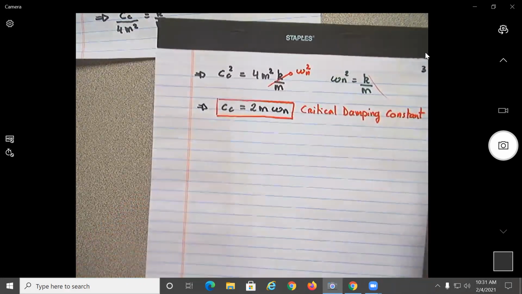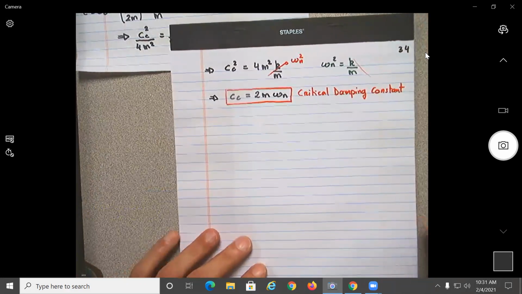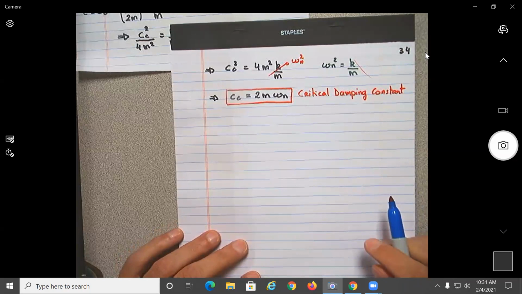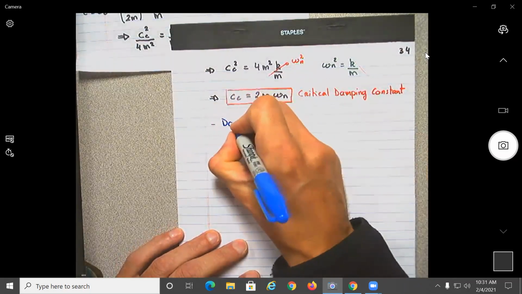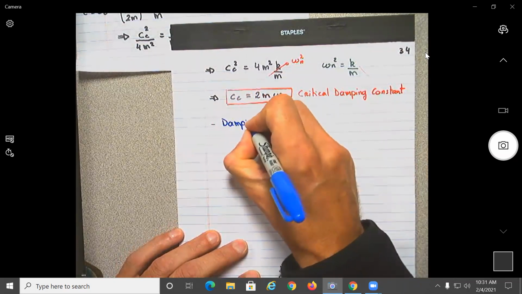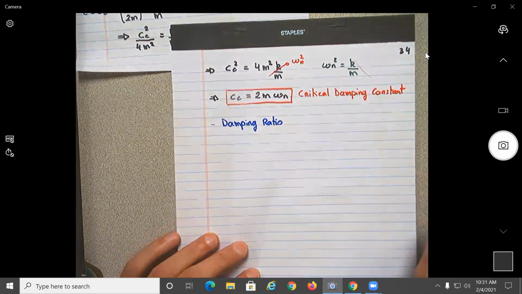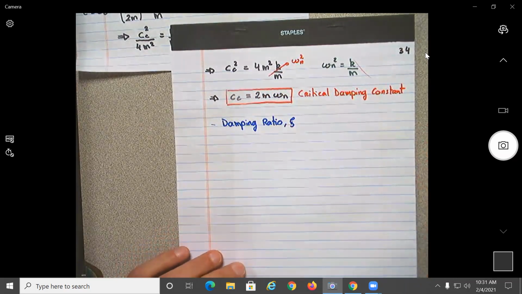Okay, so let me magnify out a little bit. We're not done yet. So now we're going to define another thing, called the damping ratio, and it's given by the Greek letter zeta.